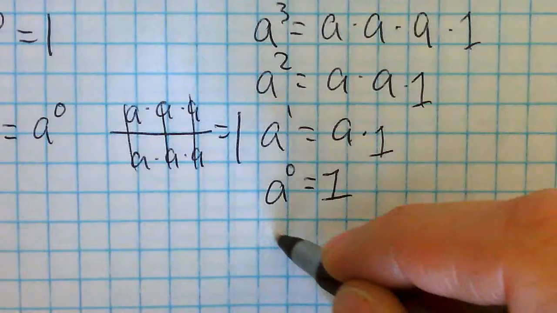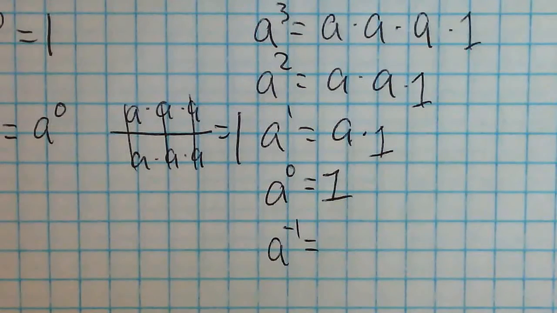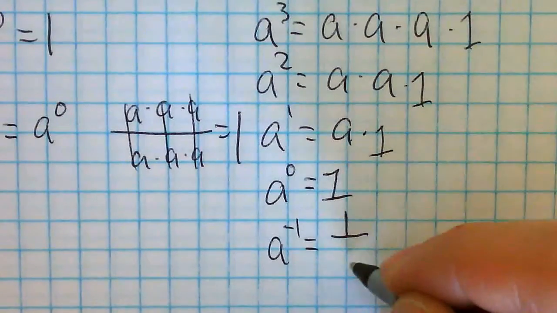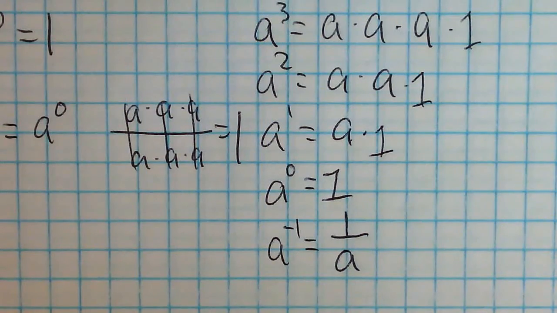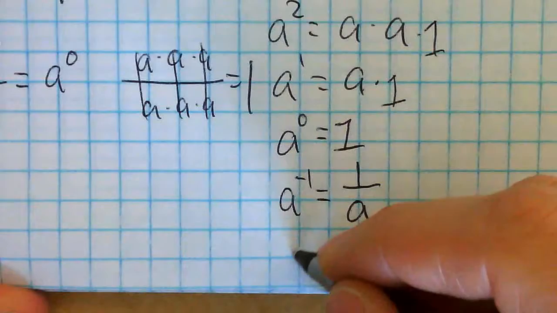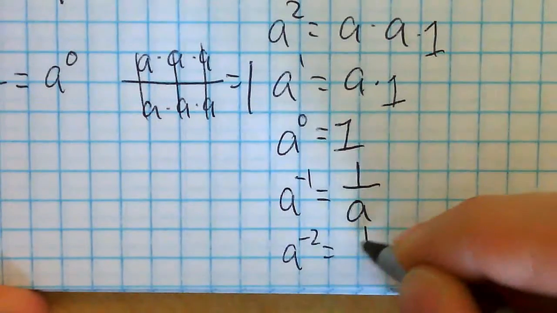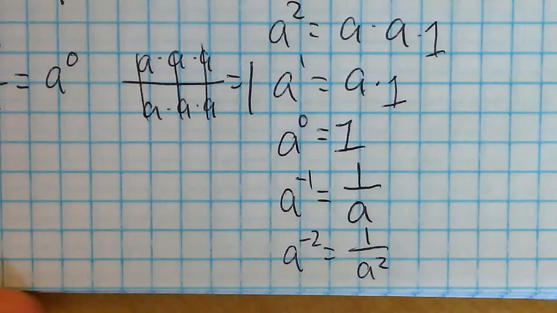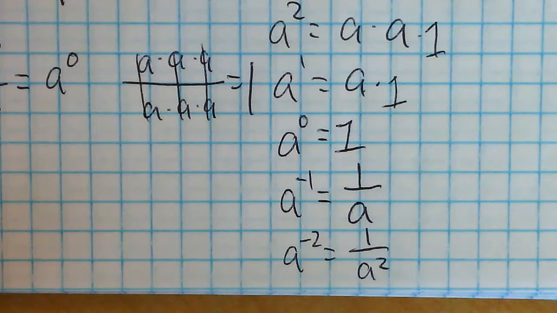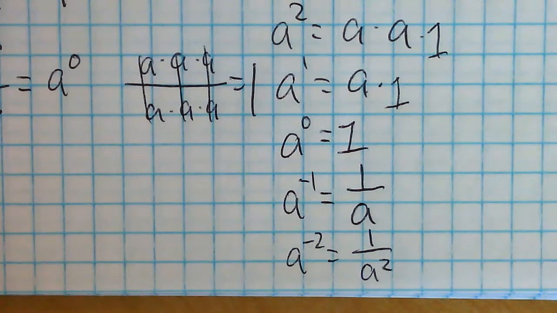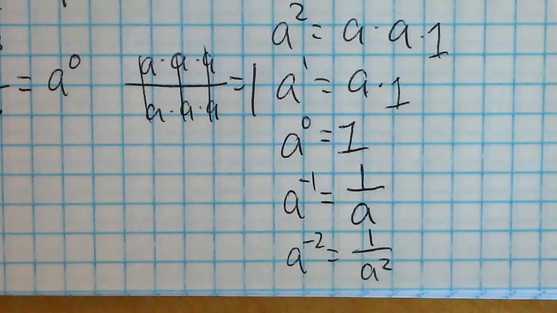All right, so if I want to go down one more, a to the negative 1 power, I need to divide 1 by a. So it's 1 over a. All right, a to the negative 2 would equal 1 over a squared. So I just keep dividing by it. It's 1 over whatever that thing is, and then you can turn it into a positive exponent.